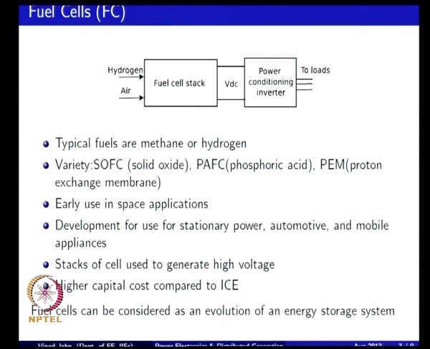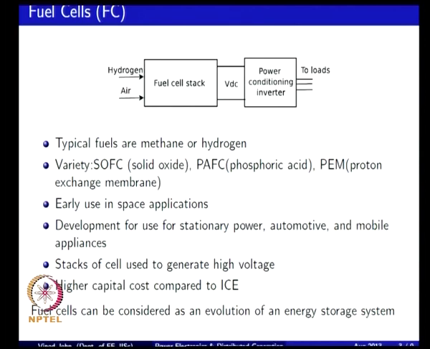And as we discussed in an earlier class, the lifetime of power generation equipment has to be quite long if you want to compete with existing systems. So, people are developing fuel cells for stationary power applications, for automotive, and also for mobile applications, where the amount of power available on a fuel cell based mobile phone or laptop would be much longer than what you could have from a battery based mobile computing platform.